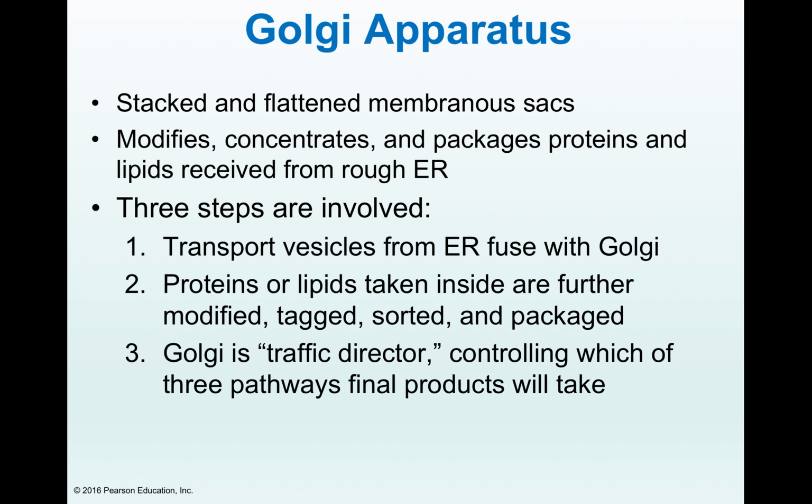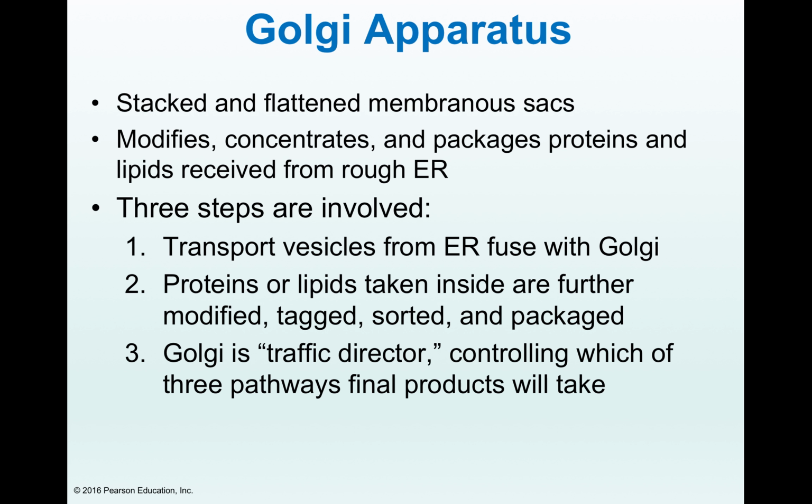Now, the process is a three-step process. First, the vesicles originating from the ER merge with your Golgi apparatus. The components of the vesicles come into the Golgi. Proteins and lipids are the main components. They can be modified, tagged, sorted, and eventually packaged.